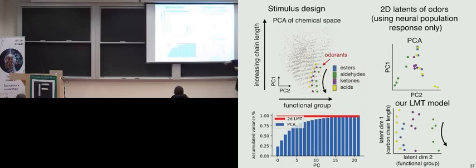So we assign the meaning of the latent dimensions by post hoc looking at this structure and mapping it to the chemical space. Okay, so this is some interesting latent structural topography we found using only the neural response from olfactory neurons.